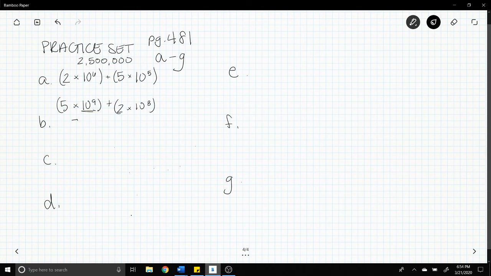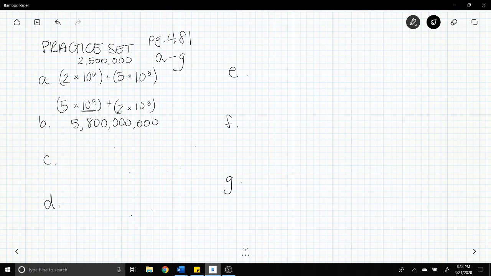So it's going to be 5 billion. And then 10 to the power of 8 is in the hundred millions place. And since there are no other digits given, we understand them to be zeros. So 5,200,000,000 written out in standard notation would look like that.